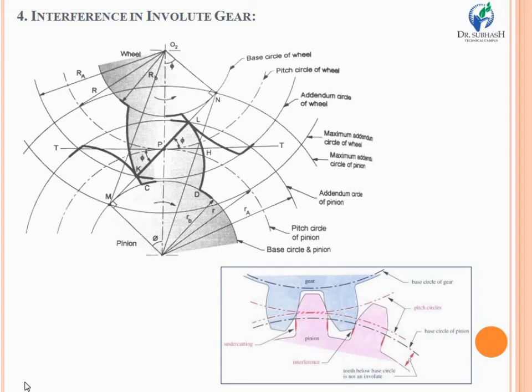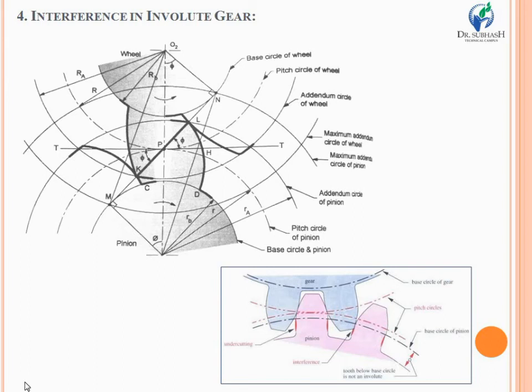So, if any portion of the tooth profile in contact is not involute, it may be possible that the surfaces in contact will not touch each other tangentially, which results in improper transmission of motion and power. Particularly in such a case, where the surfaces are not in contact and do not touch each other tangentially, it will lead to improper transmission of motion as well as power.